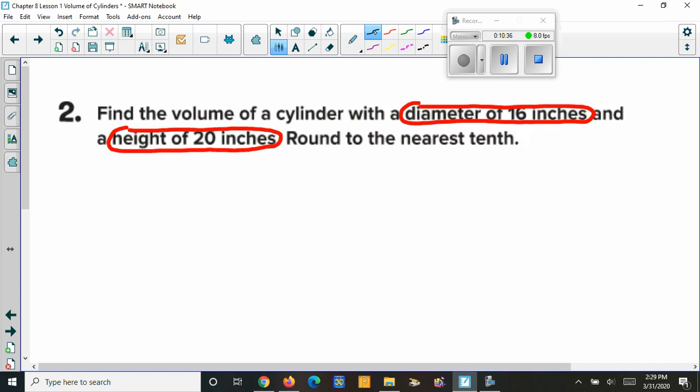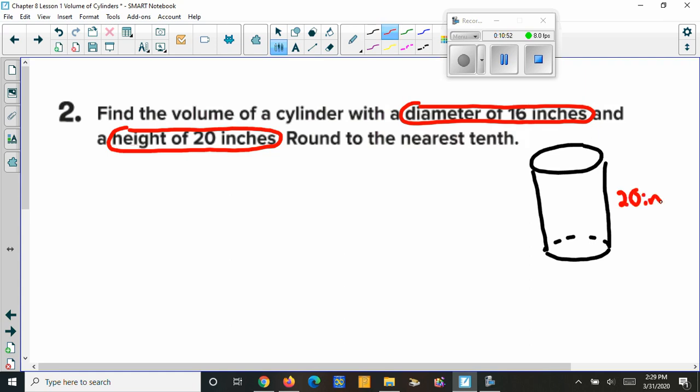So first off, to give you an idea of what we're talking about, I have a cylinder with a height of 20 inches and a diameter of 16 inches.